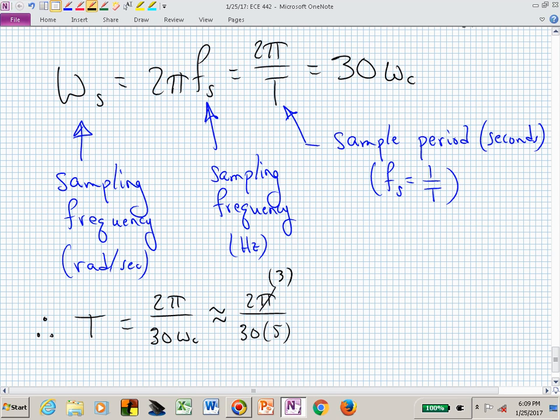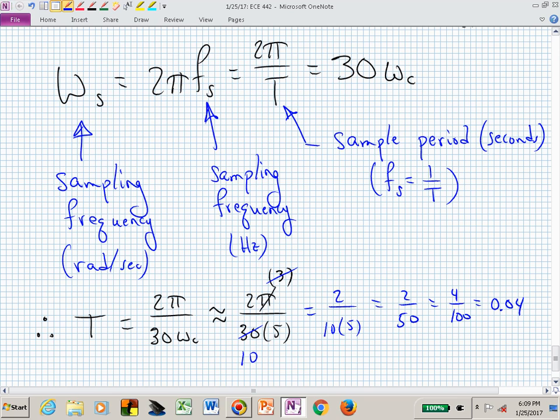So we've made T smaller. But 3 and 30 are nice, so that now we have 2 over 10 times 5, or 2 over 50, or 4 over 100 is easier, or 0.04.